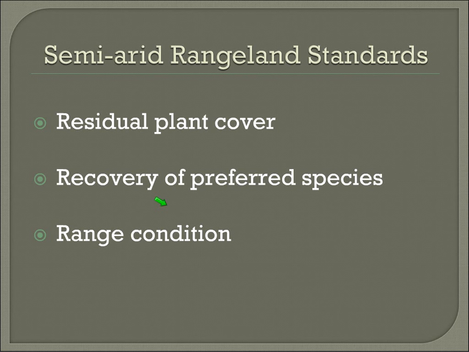And within this region, we focus on three guidelines in terms of how well we're doing with grazing management in a drought year. Let's take a look at these individually, but they're listed here: residual plant cover, recovery of preferred species, and range condition. What do we mean by these three different phrases?